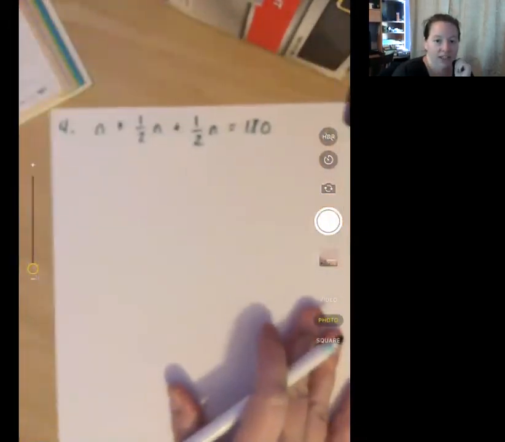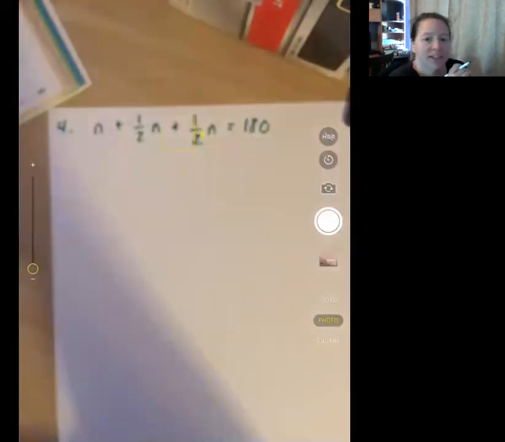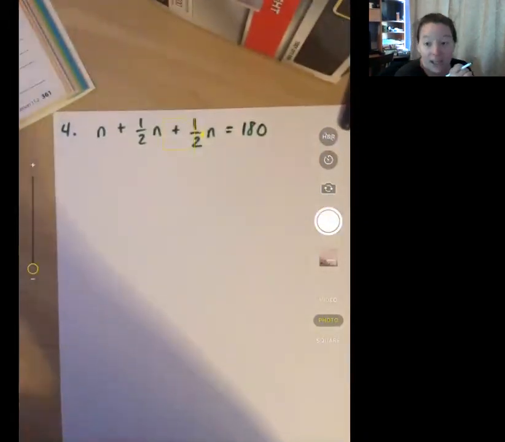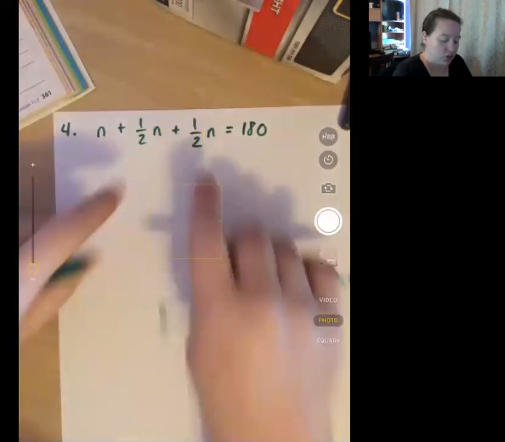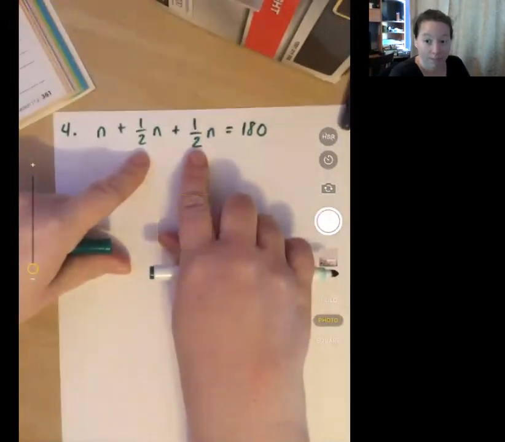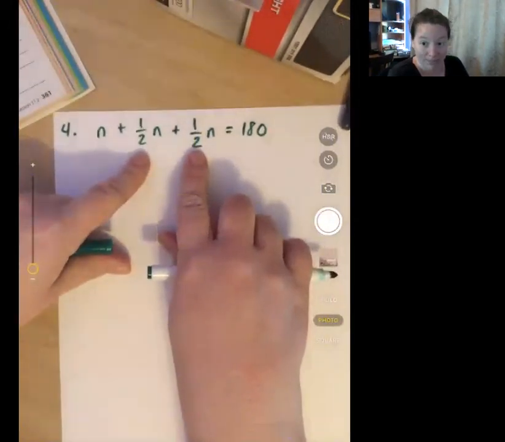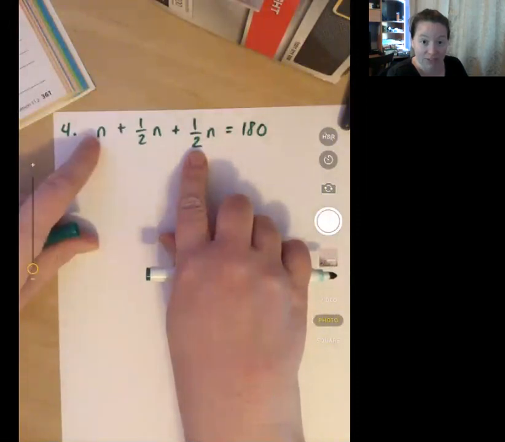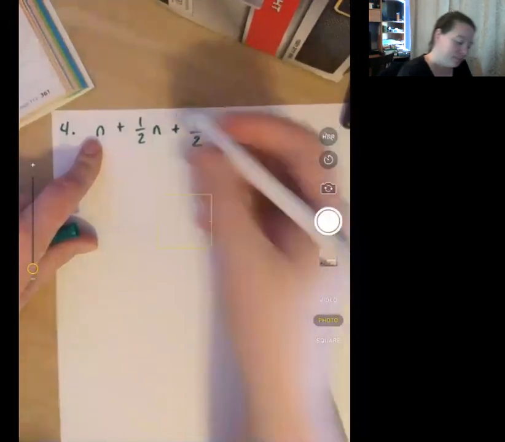And I know that you're looking at this and you're going, what? But 2 halves make a whole. So I can put these two n's together to make one whole n. And then I have an invisible 1 in front of this one. So I actually have 2 whole n's.